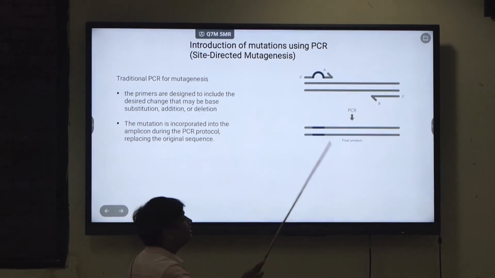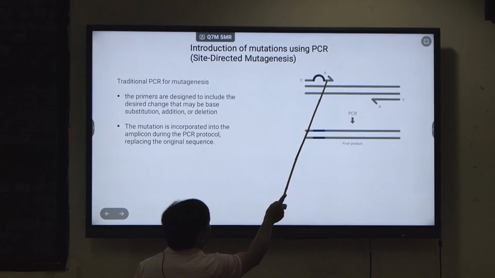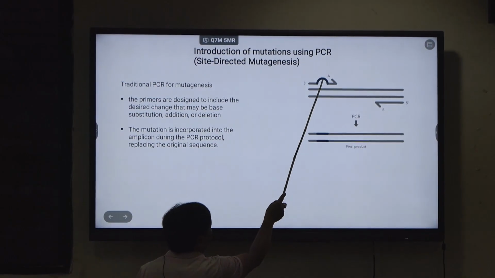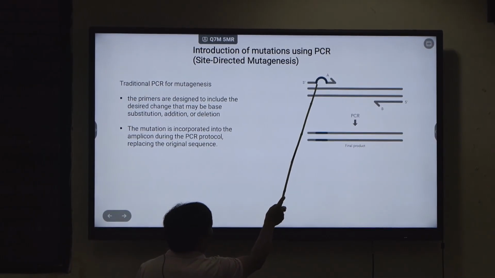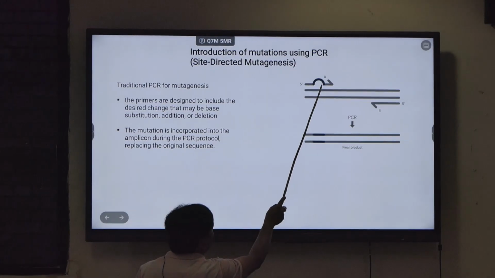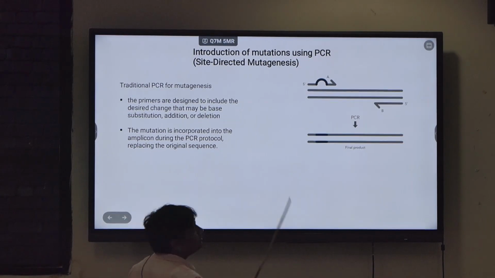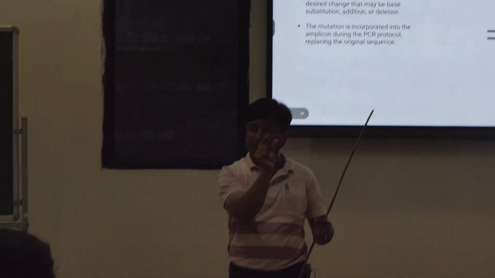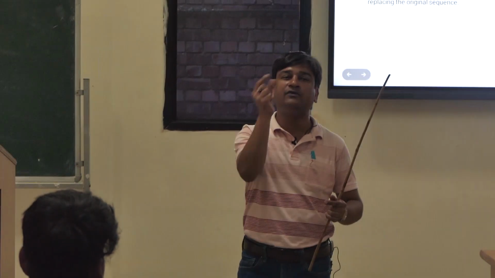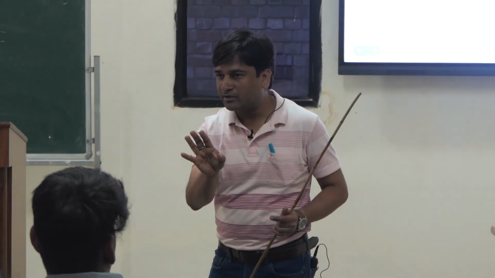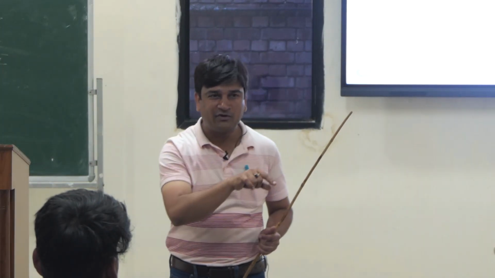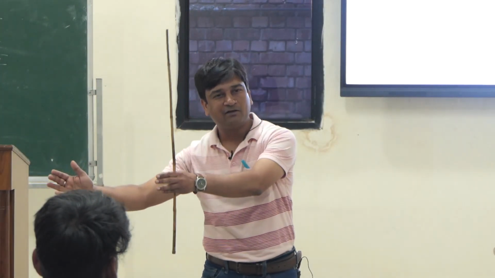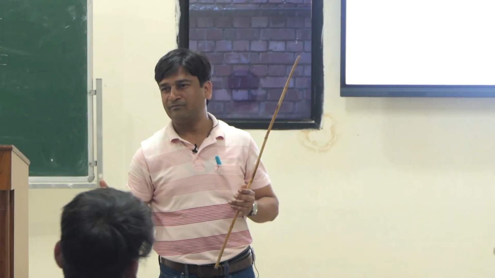What you have done in the forward primer is that these are the complementary sequences, and flanking the sequence that you want to add, you have these complementary sequences, in the forward primer, not in the reverse primer. You can do the same thing in the reverse primer if you want to append something at the 3' end.